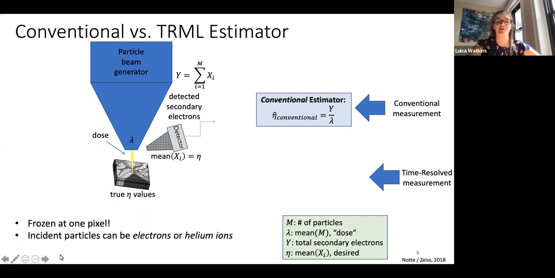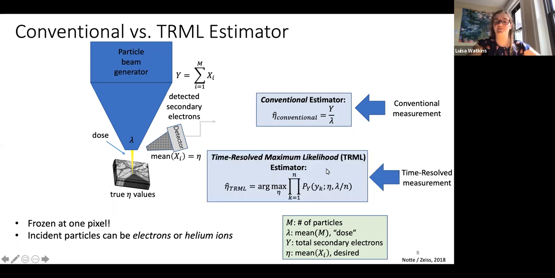Versus the time-resolved measurement, there are actually multiple different algorithms associated with this measurement, but I will be focusing on the specific one that has proved to do the best job, the time-resolved maximum likelihood estimator, which is a very long name, so I'll just be referencing it as TRML.